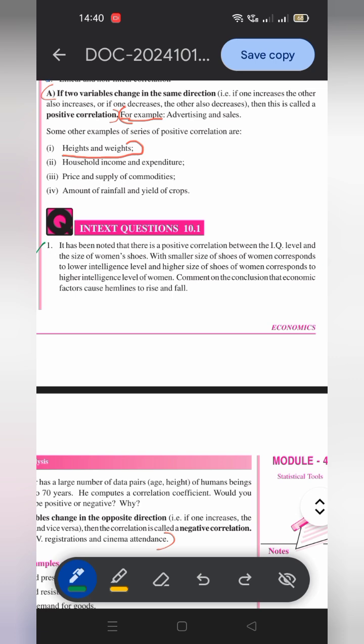Comment on the conclusion that economic factors cause hemlines to rise and fall. Answer. A positive correlation doesn't exist. However, correlation doesn't imply causation.